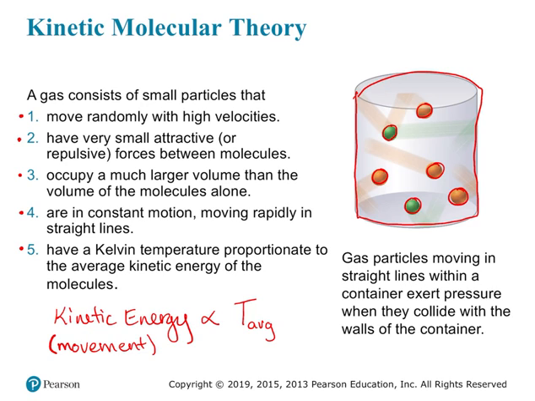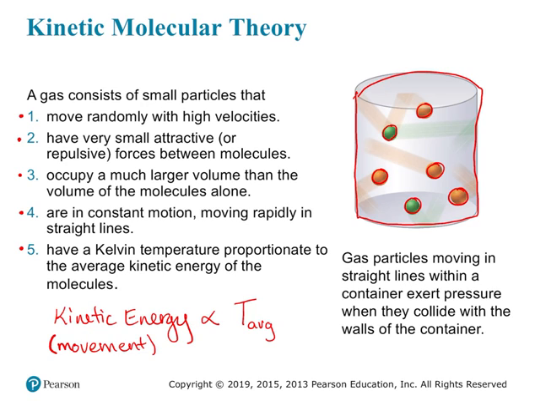Now, the kinetic molecular theory assumes that gases behave in this way. Not every gas does behave this way. Some gases are really large, so then number 3 wouldn't necessarily be true. For instance, if we look at the noble gases, argon and krypton are actually very large gas particles.